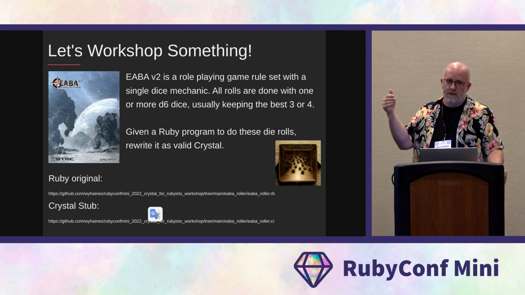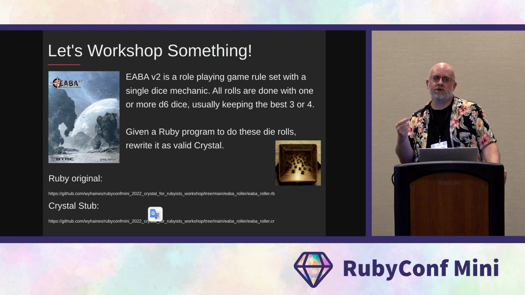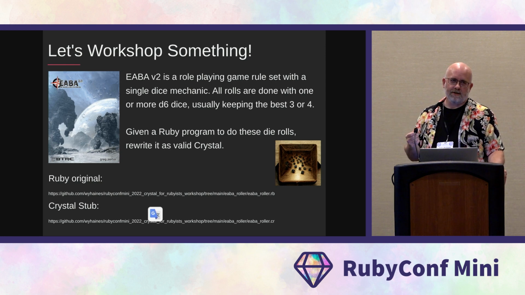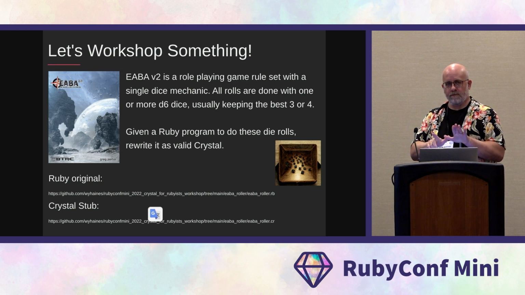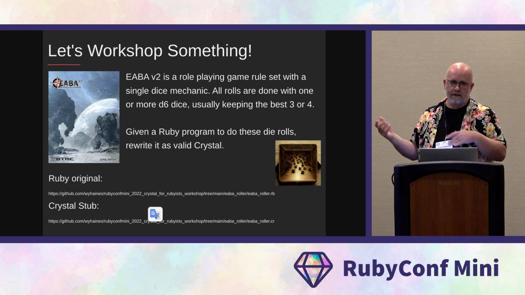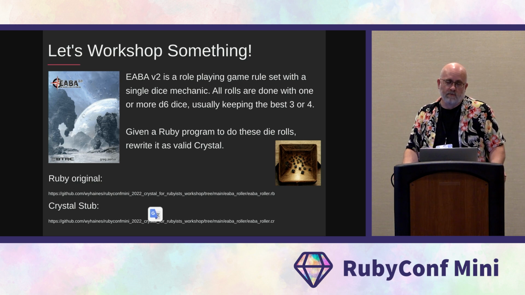And so the challenge would be to take the Ruby version and make it work in Crystal. And there is, if you want to cheat, a finished version also in the repo. But if you don't want to cheat, it's an interesting exercise in taking a working piece of Ruby that isn't just 2 or 3 lines and converting it into a piece of working Crystal.